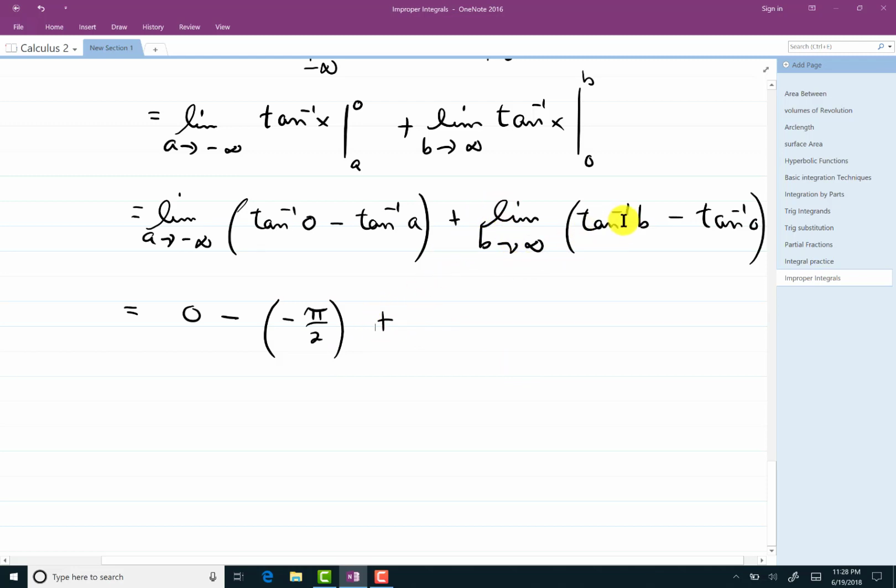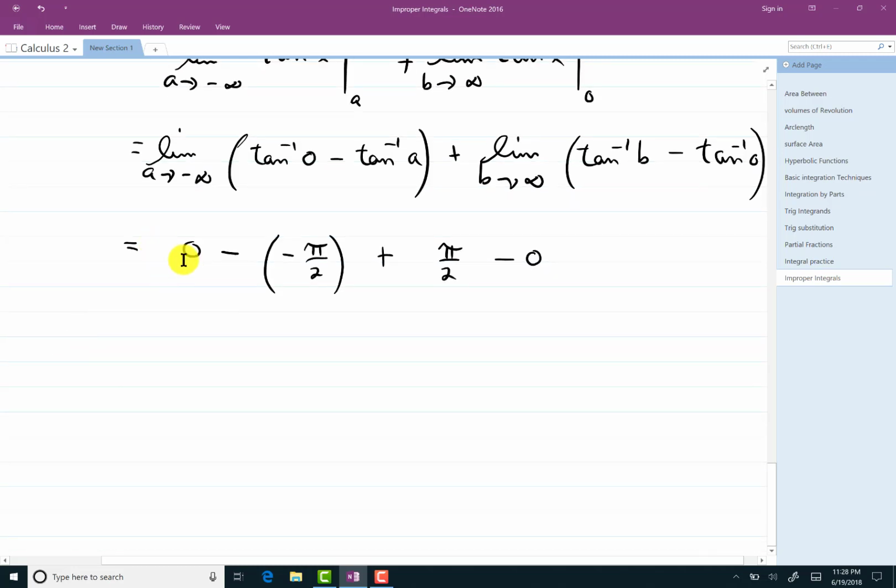Now as b goes to infinity, arctangent goes to pi over 2. And these tan inverses of 0 are unaffected by the limit. They are just constants. Here I'm going to get minus 0. Well, not that it matters here, but 0 minus 0 is 0. But these are the important things. The pi over 2's give us pi.